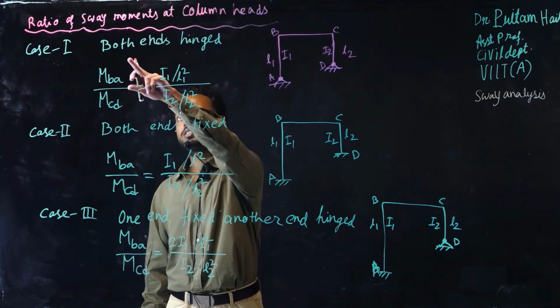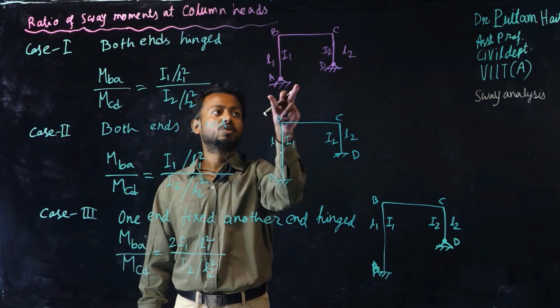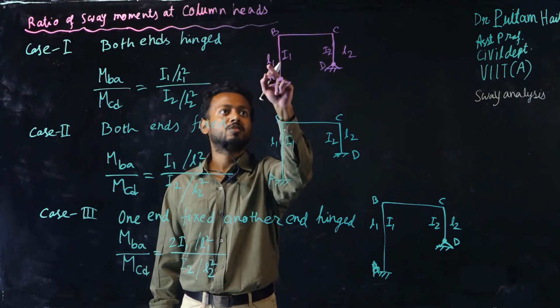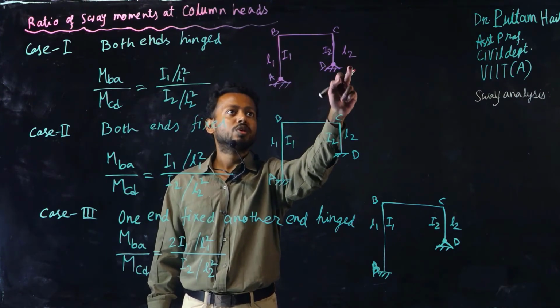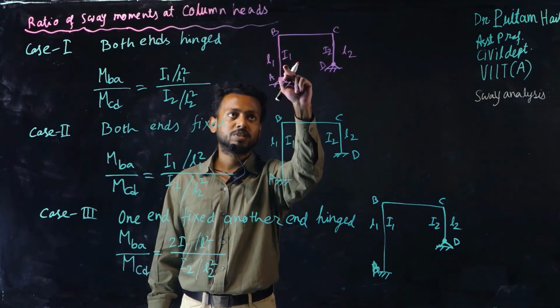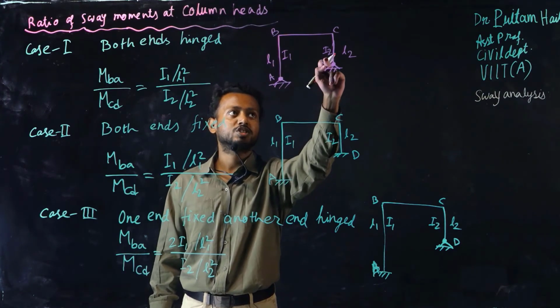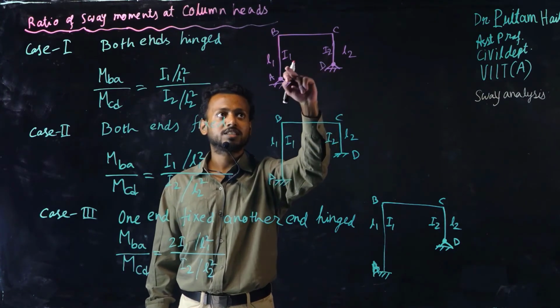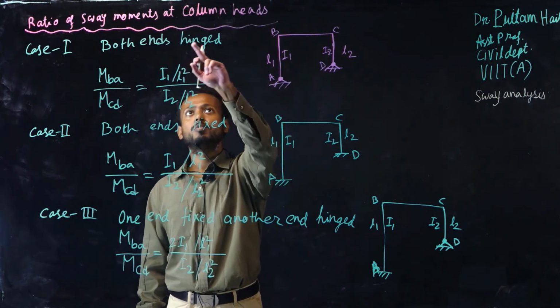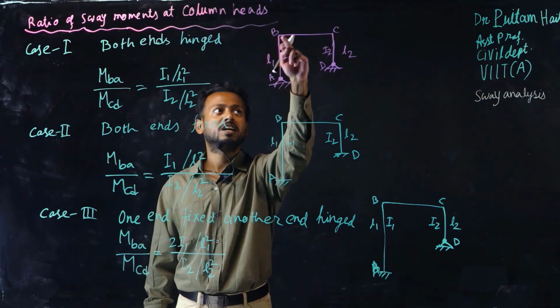So case 1 is both ends hinged. Suppose this is L1, this is L2, the moment of inertia of this member is I1, and the moment of inertia of this member is I2. In this case, what are the sway moments at the column head, that means here and here?